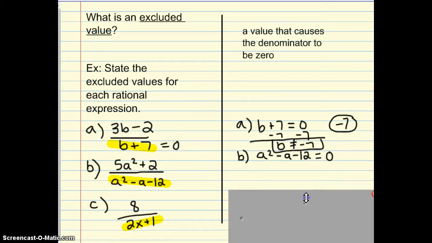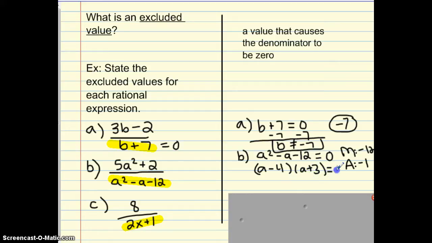In example B, we see this quadratic, so we need to factor it into something that multiplies to -12 and adds to -1. So we would have a minus 4 and a plus 3 equals 0.